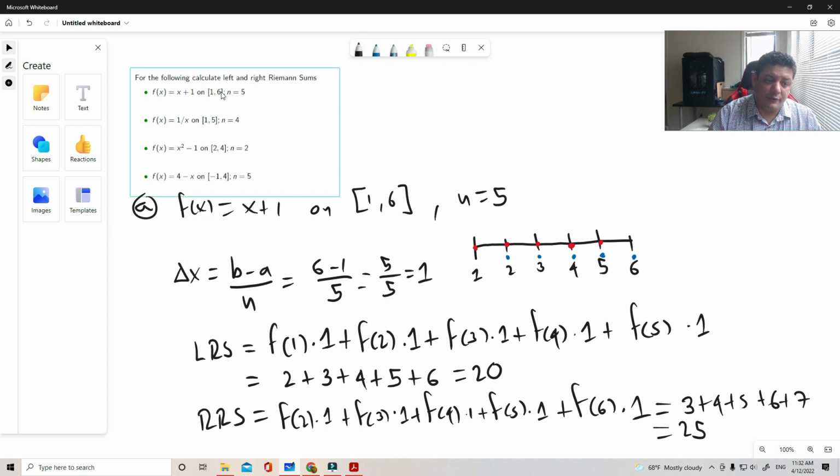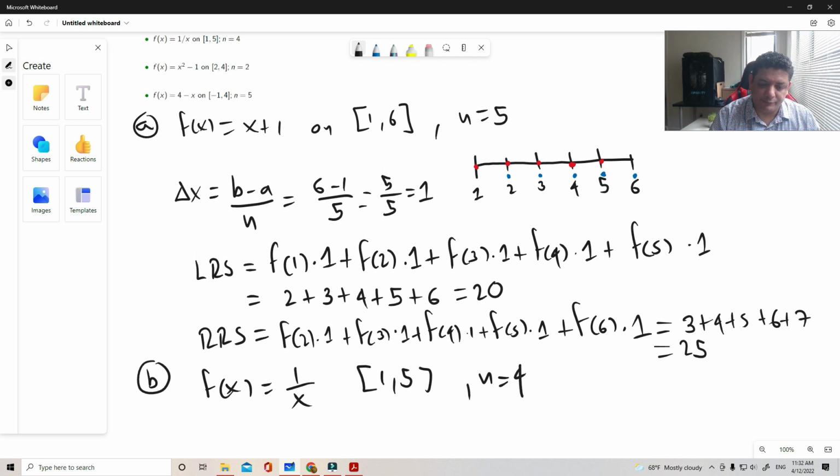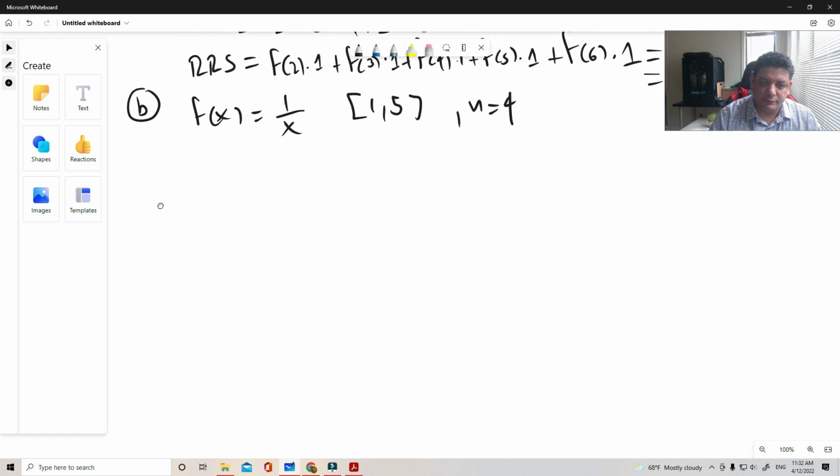Now let's move on to the second example, where we're going to have the function f of x equals 1 over x. We're going to use the interval 1 to 5, and we're going to go with n equals 4. So at this point, the first thing that we do is calculate delta x, which is 5 minus 1 over 4.